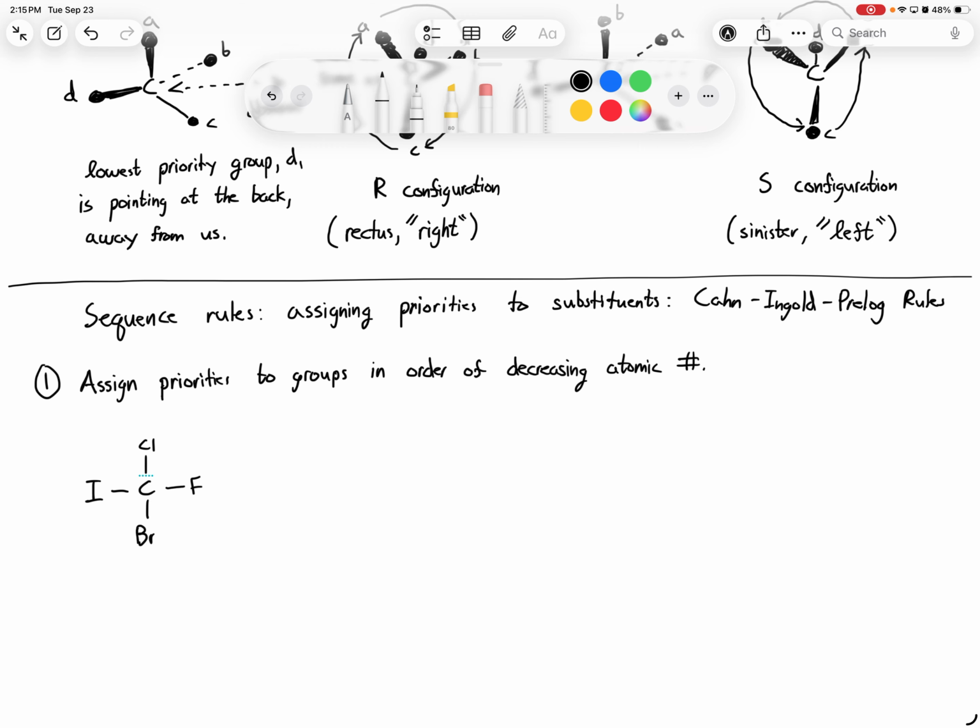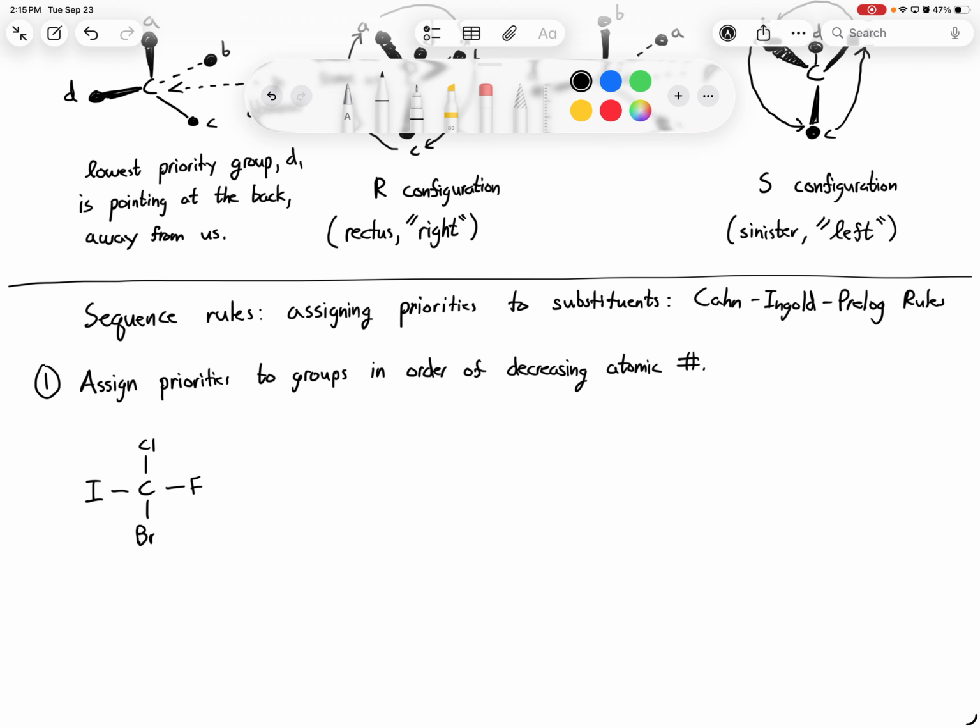So let's use letters. Which one's the highest priority substituent? Iodine. Because if you have a periodic table, you'll be able to use this. I has the number 53, right? So that's higher than chlorine, fluorine, and bromine.